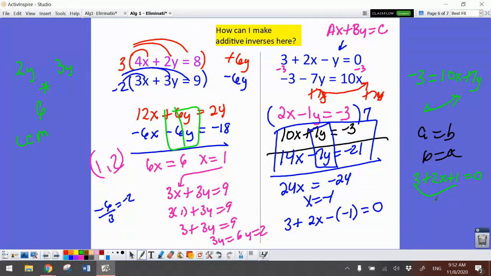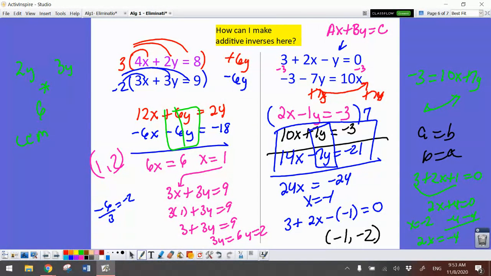So 3 and 1 are 4. So 2x plus 4 equals 0. Well, I know I have to move the 4. So 2x equals negative 4. I know x is going to equal a negative 2. So there is the rest of my answer. So I have negative 1 and I have a negative 2. And I'm done. Okay, so let's see what you can do with these.